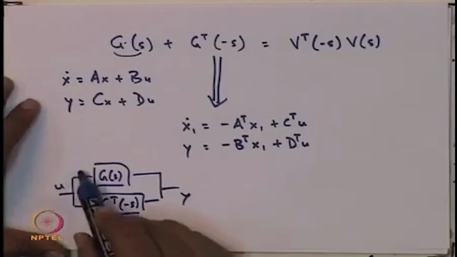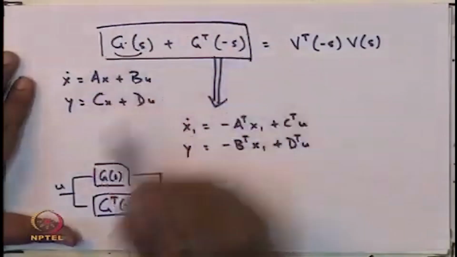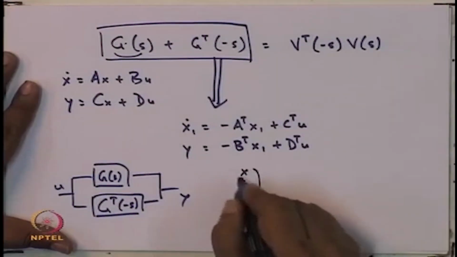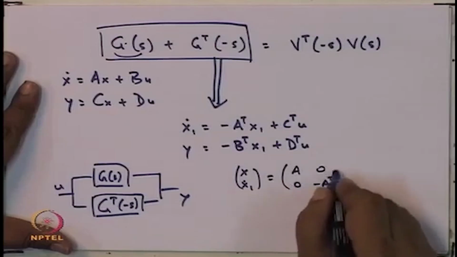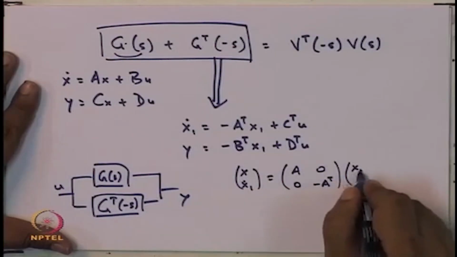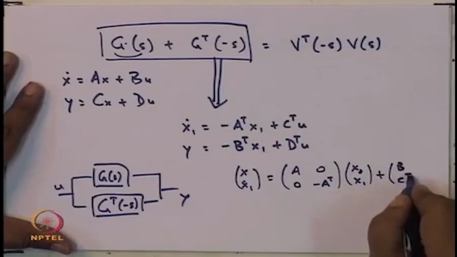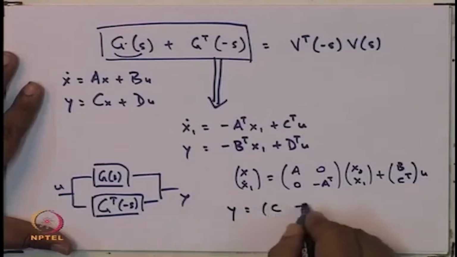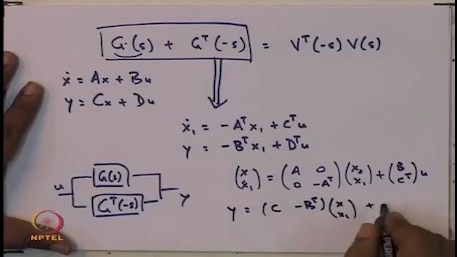If you now look at the state representation of the full transfer function on the left hand side, that is given by x1 dot equal to [A 0; 0 minus A transpose] x1 plus [B; C transpose] u, and y is given by [C, minus B transpose] x1 plus D transpose u.